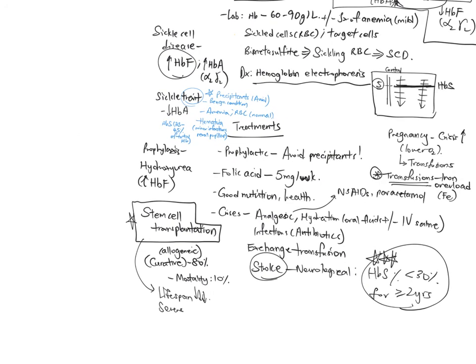Now, sickle cell anemia is commonly associated with other forms of hemoglobinopathies. So in particular, hemoglobin C is one that I will mention. Hemoglobin C is particularly common in Western Africa. So you can see the demographics of sickle cell anemia and hemoglobin C can be quite similar.